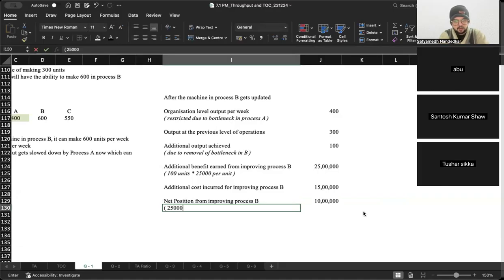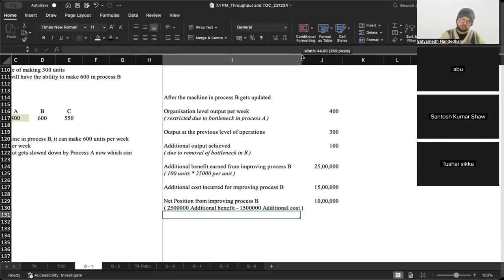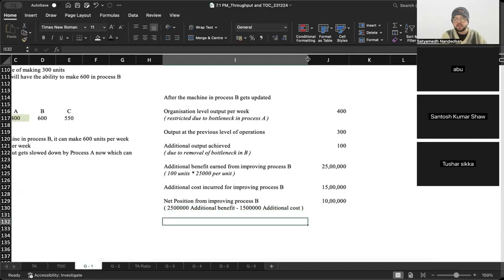This is additional benefit minus additional cost.